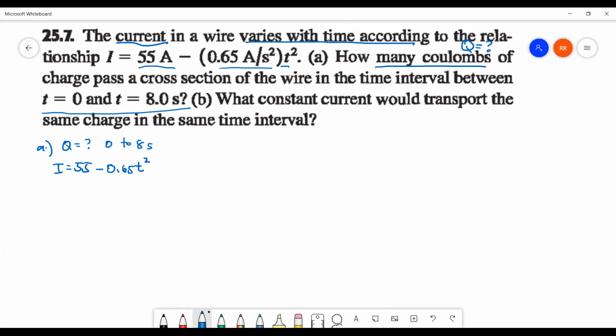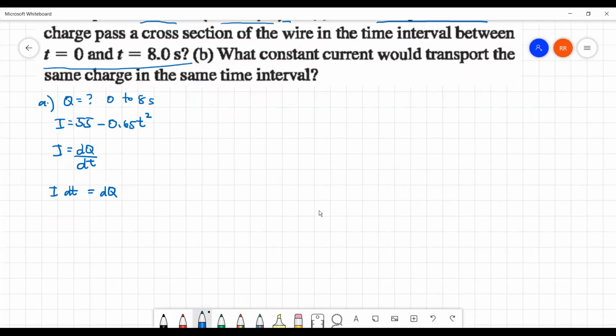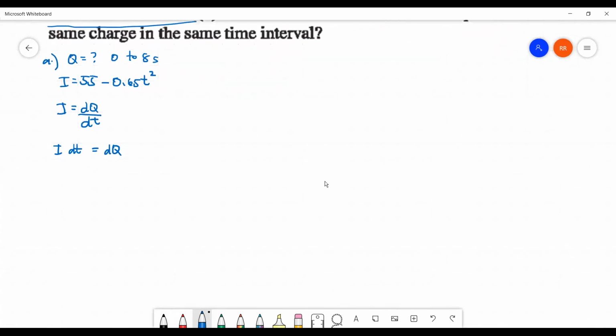So how do we do this? We know that current is the time derivative of charge. So therefore, I dt gives us the small interval of q, but we want to get the entire q itself. So since you have a small interval, we will integrate, okay?